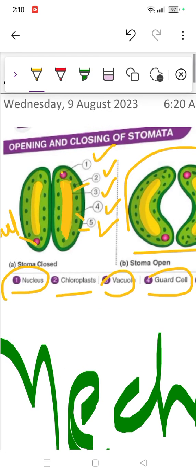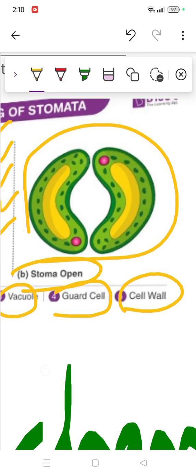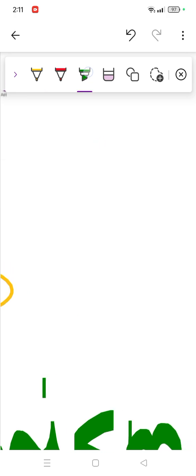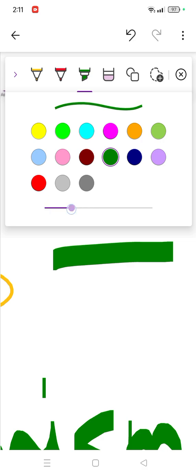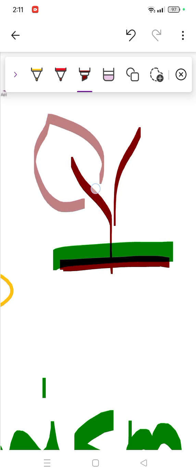Transpiration also occurs here. When stomata is open, transpiration can take place, otherwise it cannot. When these are open, water is allowed to move out. Transpiration simply means the leaf is able to pass out its water. Here is the root, and a plant is growing. Here you'll see a leaf.